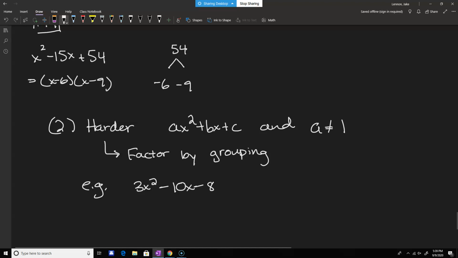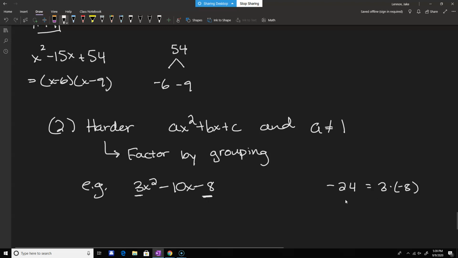Okay, so we're going to still play that same number game that we did in the easier case, but we have to start by multiplying two numbers. So we actually need to multiply the 3 by the negative 8. So that's negative 24. Right, that's 3 times negative 8. That's where that came from. We had to multiply this first number with this last number here.